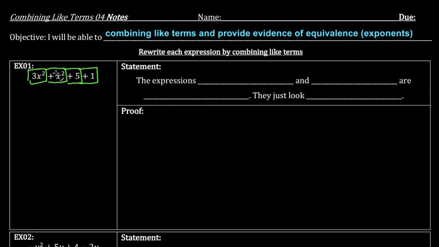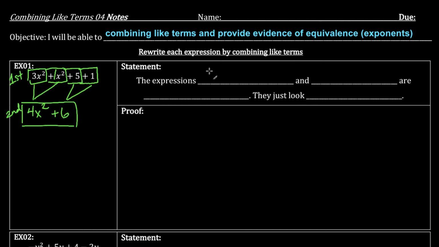This term seems to not have a coefficient, so let's put 1 there. So 3x squared plus 1x squared is 4x squared. And plus 5 and plus 1 are plus 6. Now remember, what this is really about is taking this first expression and simplifying it to create this second expression.